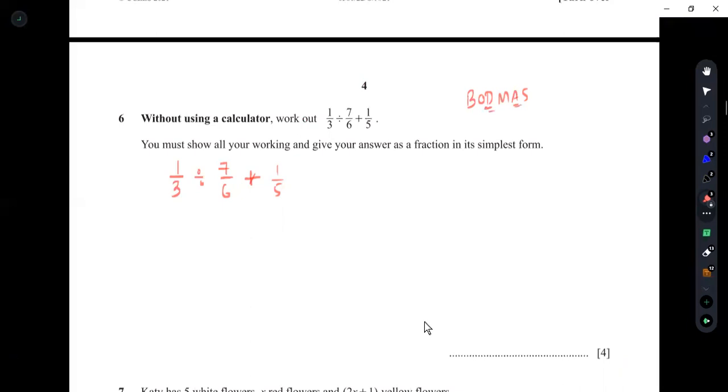So we know how we divide the fraction. When we divide the fraction, we change the division sign to a multiplication sign, and we take the reciprocal of the fraction followed by the division sign. So this will become 6/7.